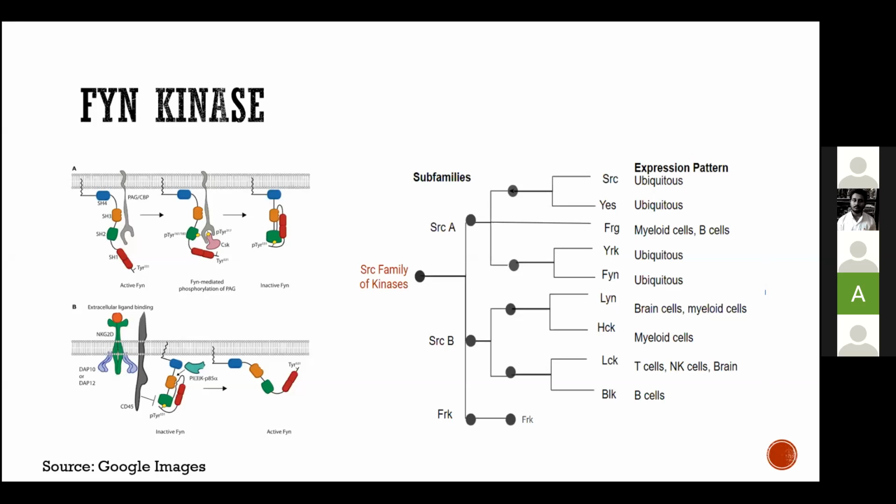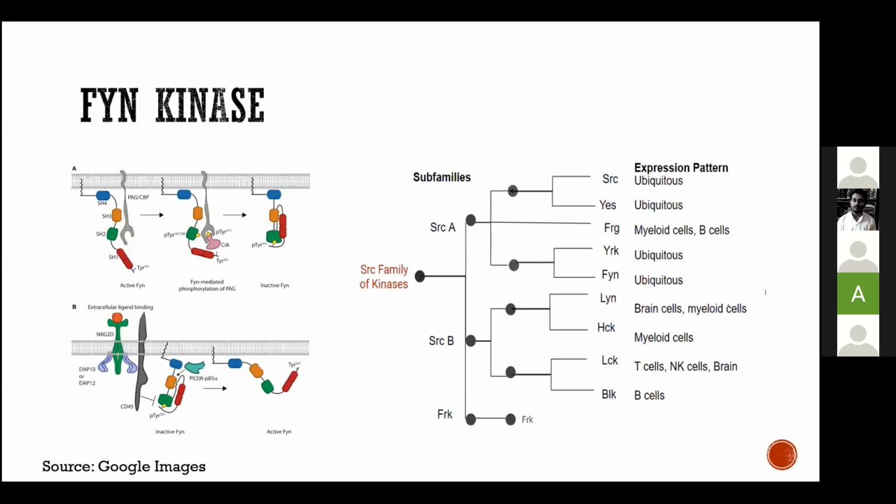So a brief history of kinase, or a brief schematic diagram of where it originates. Fyn kinase is an SRC family kinase. There are certain non-receptor tyrosine kinases which are grouped in one family because they all behave similarly, or their composition is similar, as you can see in the Fyn kinase structure.